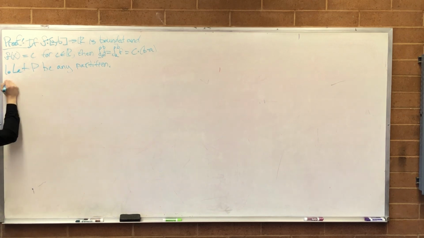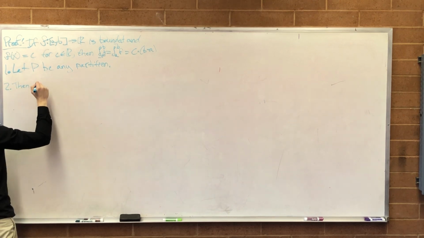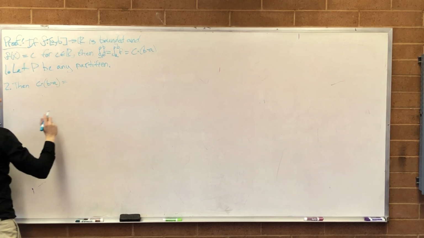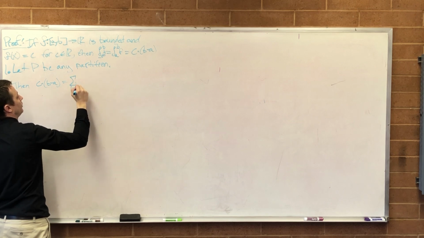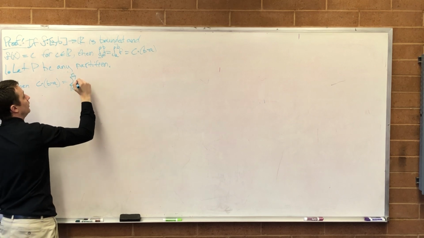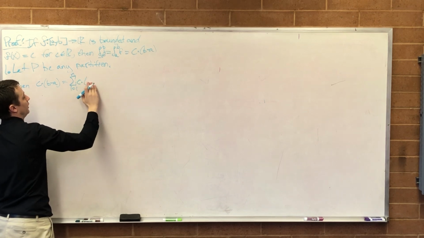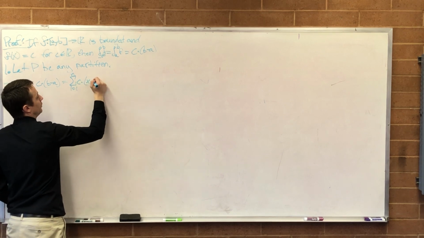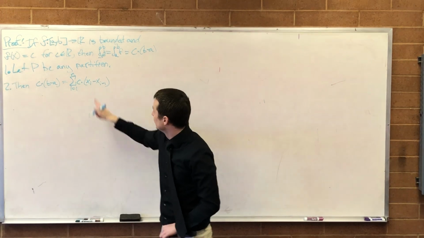Then c times b minus a is going to equal our sum from i equals 1 to n of c times x sub i minus x sub i minus 1. You good with that?